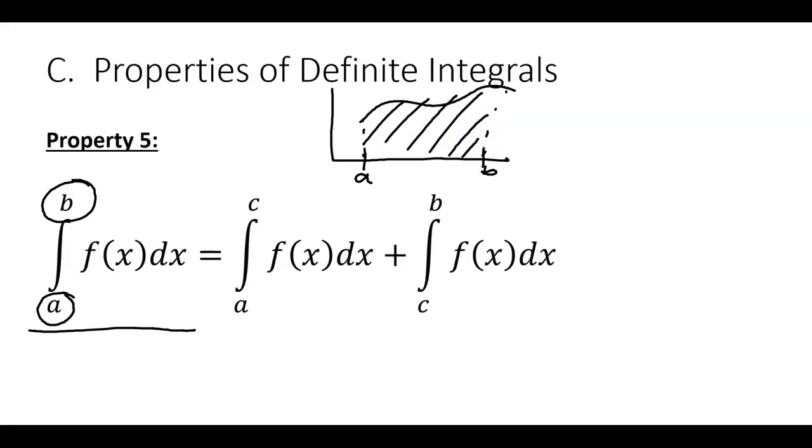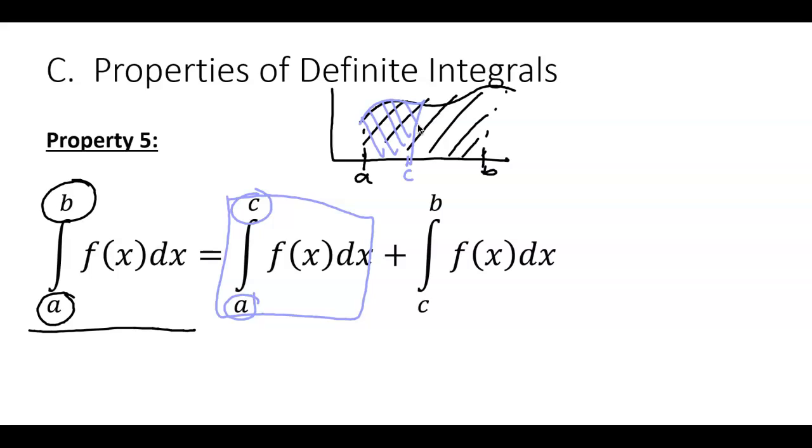Now let's take a look at this other side over here. Now I'm looking at the same function. It's still f of x, but look, my limits are different. Now I'm going from a to c. Now let's assume that c is somewhere between a and b, right? So let's say c is right here. So that means I'm only going from here to here now. So it's like a piece of that area.